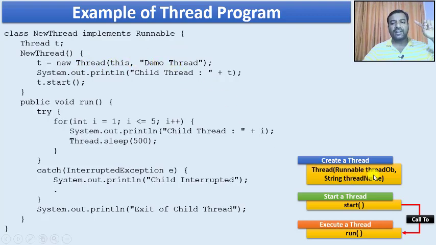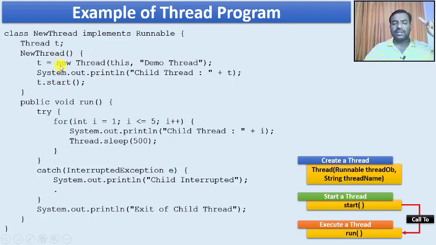One is the runnable object, which is going to be the current object. Whatever the current object is, that is going to be the runnable object. And I need to pass the name of the thread. Hence, the second parameter is going to be Demo Thread, the name of the thread. And I'm just going to print out a statement, and I'm going to call the start method.